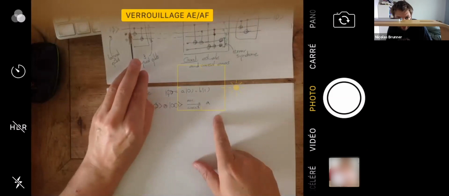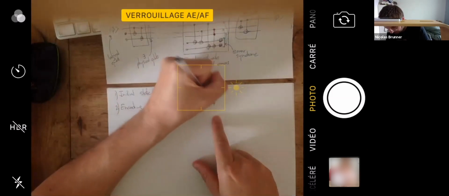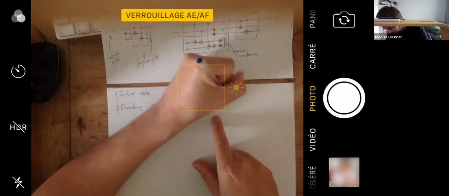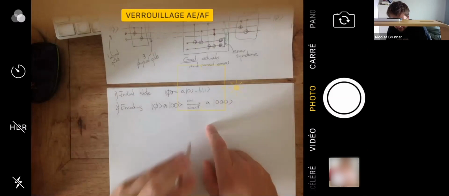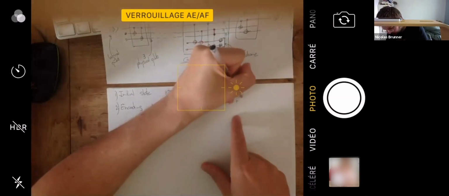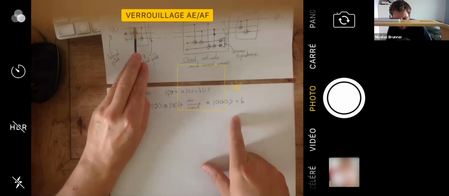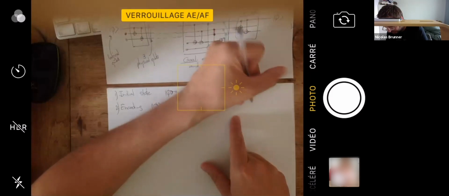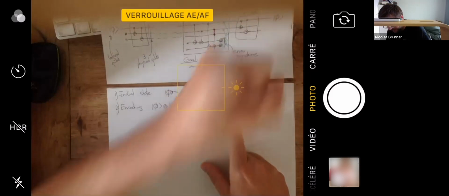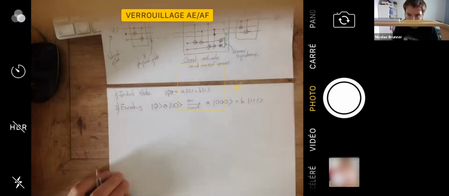When this is a 0 in the control of these C nodes, these C nodes do nothing. So my 3 qubits are in the state 0. Then I have a second term where my first qubit is in the state 1. So the control of these 2 C nodes is 1, so I flip these 2. And therefore I have a 1, 1, 1.